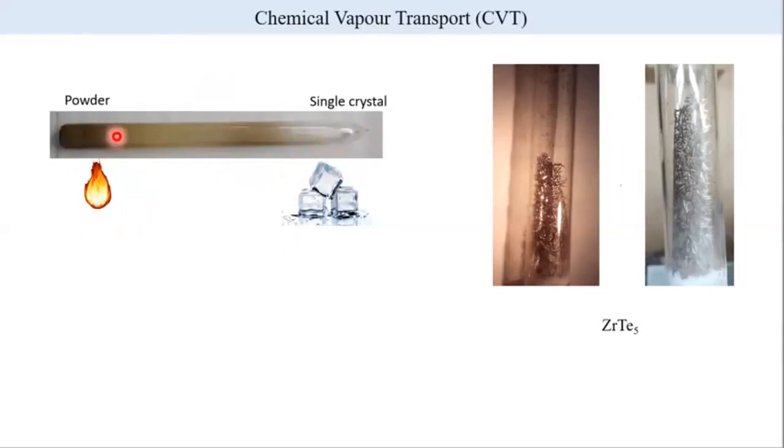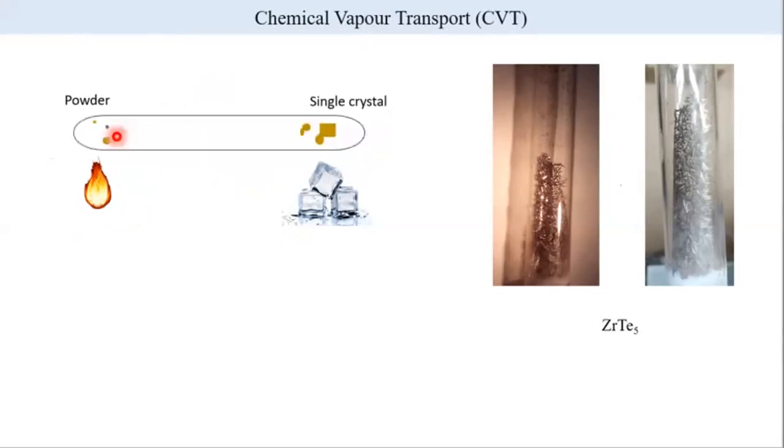From the hot zone, the element will transport to the cold zone. So it will accumulate here, and you may see some needle-like shape also, or some kind of island-like shape also. That may also be obtained. It is not only that you can see only needle shape. So that is also possible.